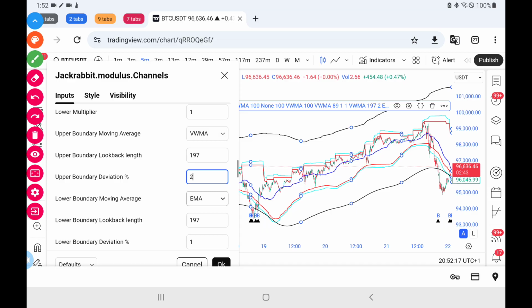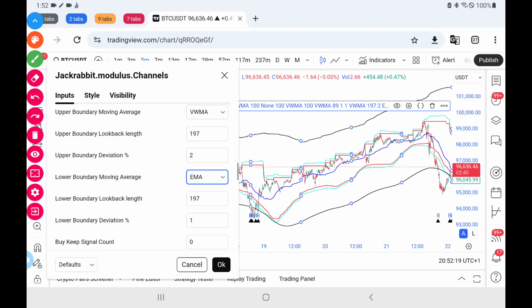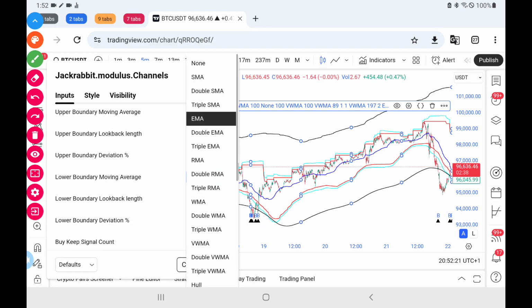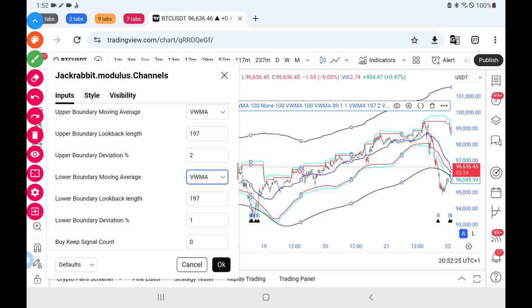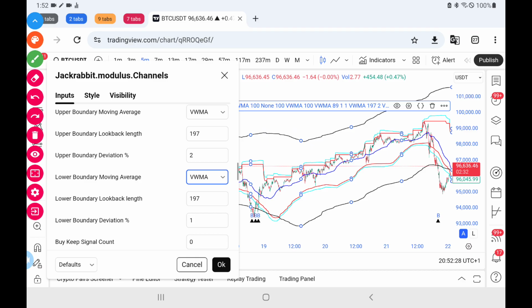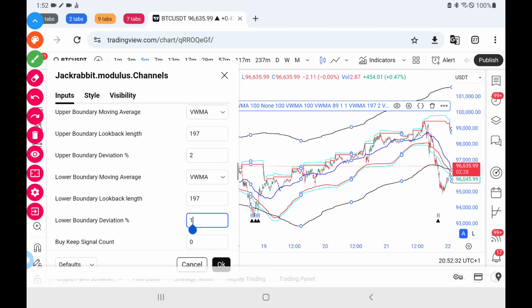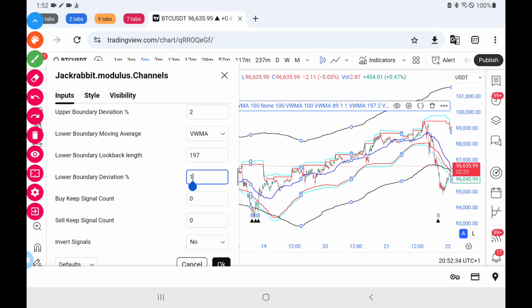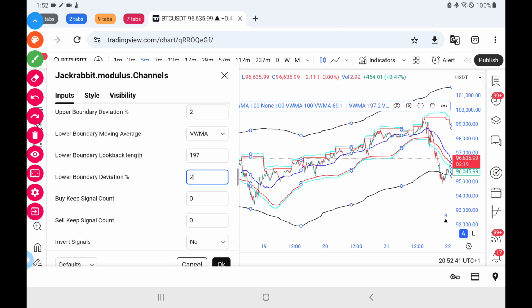Let's set the lower boundary to volume weighted as well. And now let's set the lower boundary percentage to 2. And we can see that the existing signals that we had completely disappeared.